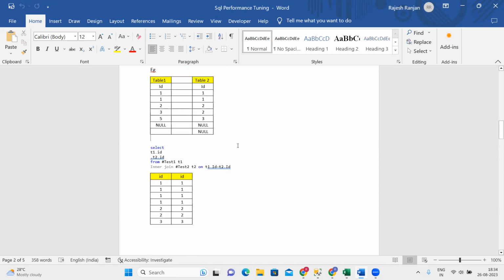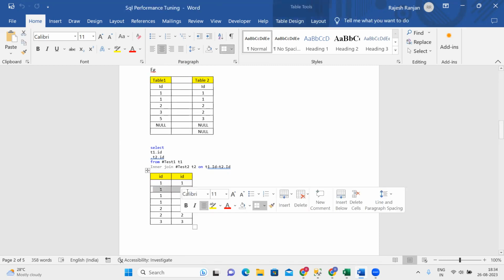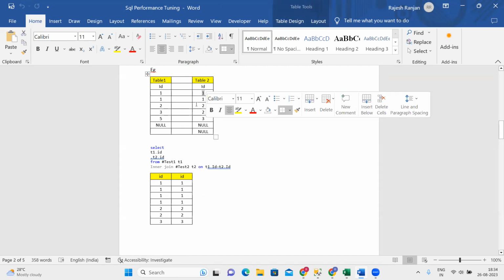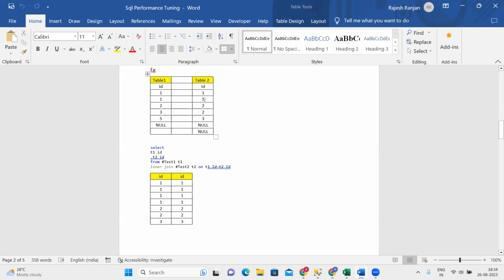So in the output, one should be matched two times, the first one and the second one. Coming to the second record, it again starts searching from the start of table two, gets that result, and again displays the two records.